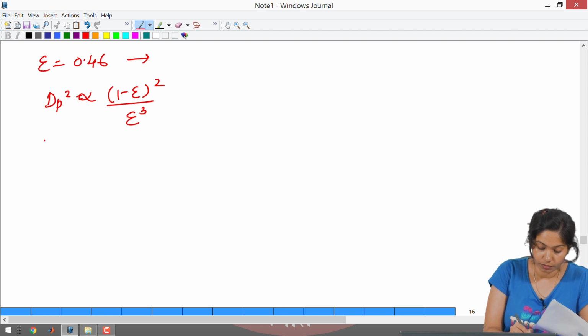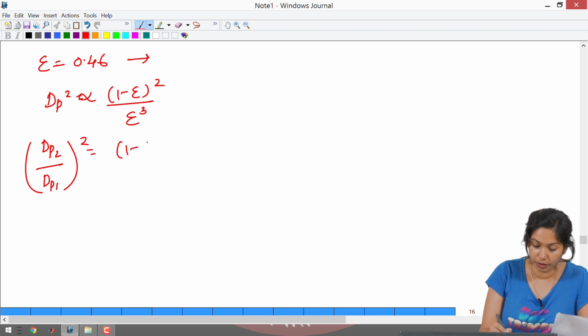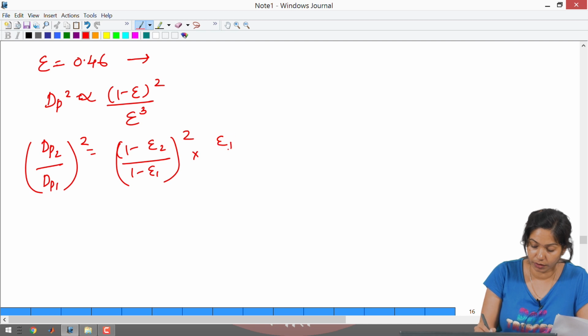So, (dp2 divided by dp1) the whole square equal to ((1 minus sigma 2) divided by (1 minus sigma 1)) the whole square into (sigma 1 divided by sigma 2) the whole cube.